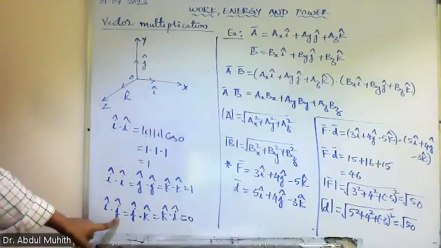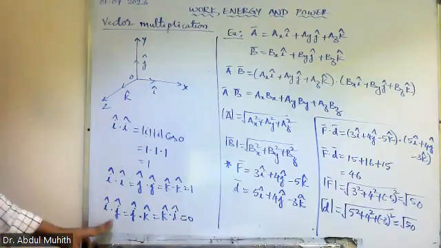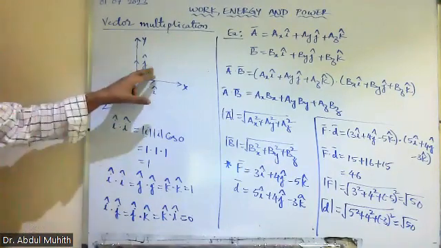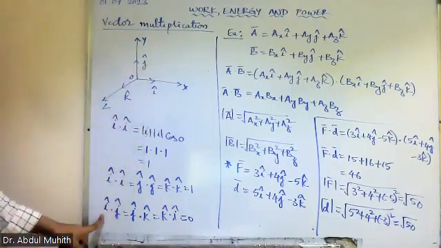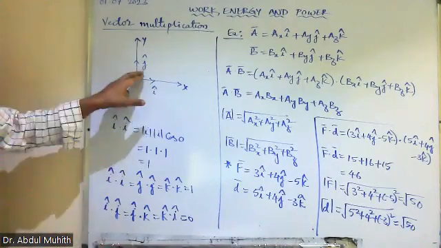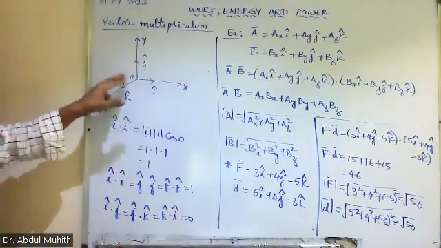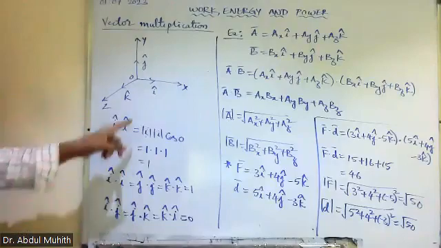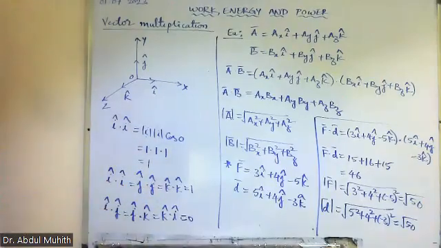I dot J: the angle between I and J is 90 degrees. Understood? The angle between I and J is 90 degrees, J and K is 90 degrees, K and I is 90 degrees. So what will happen? Cos 90 will become 0. 0 into something will become 0. Is that clear? Yes, sir.